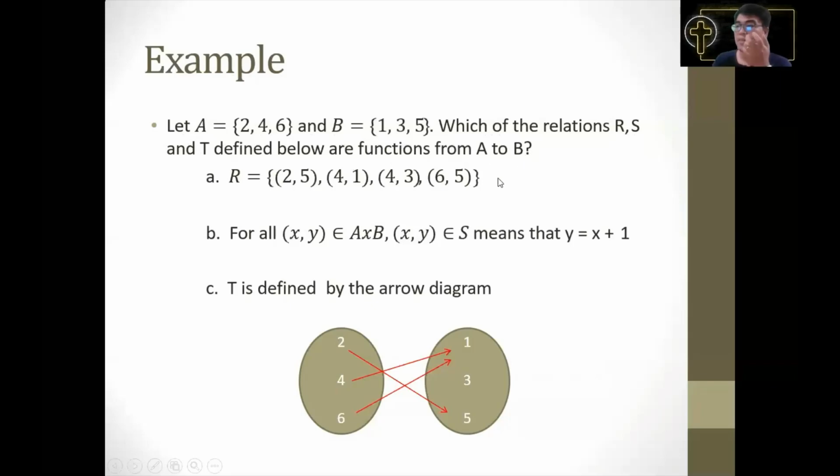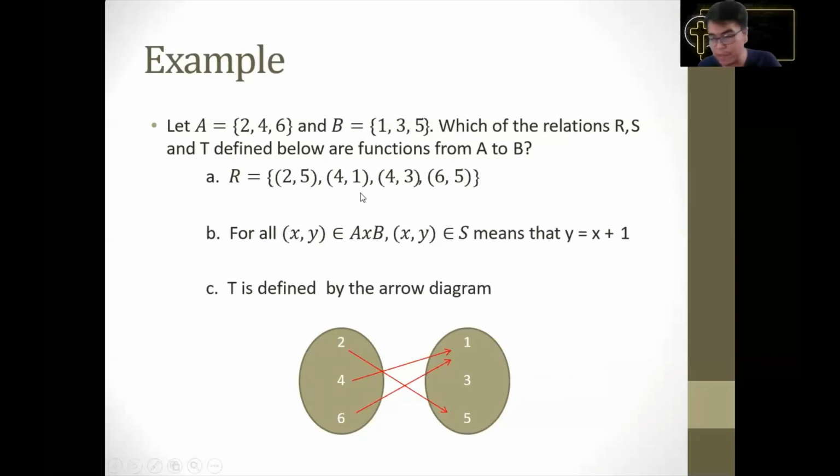We say that a relation is a function if each x has a unique pair in y, or each element that is in A has a unique paired element in B. In R, we could say that R is not a function but a relation because an element in A, which is 4, has two pairs in set B, which are 1 and 3.